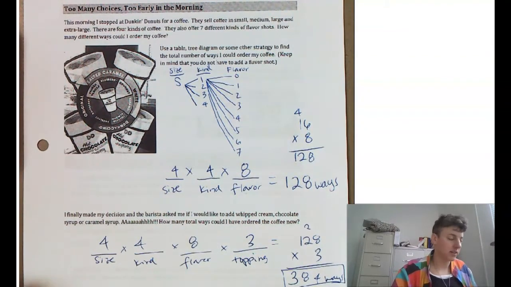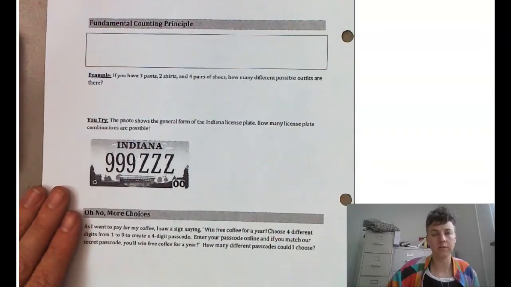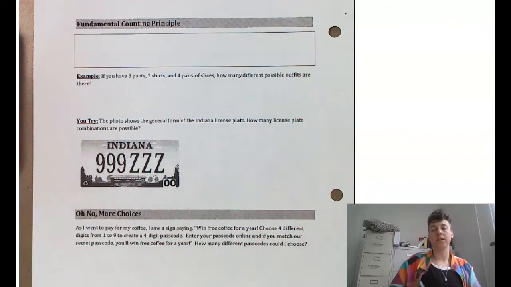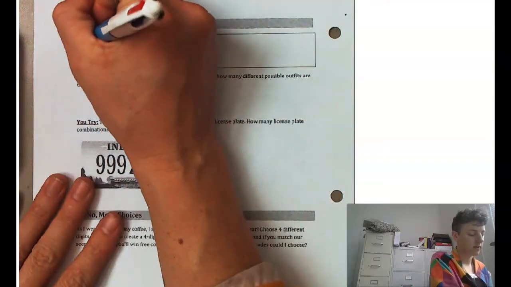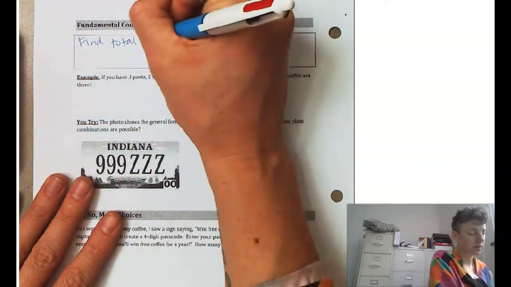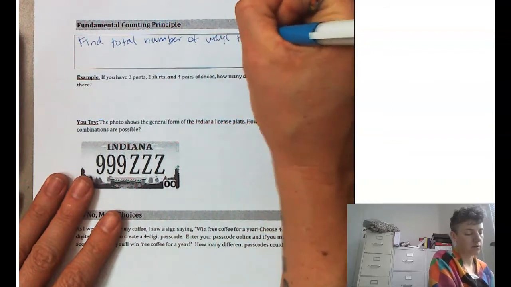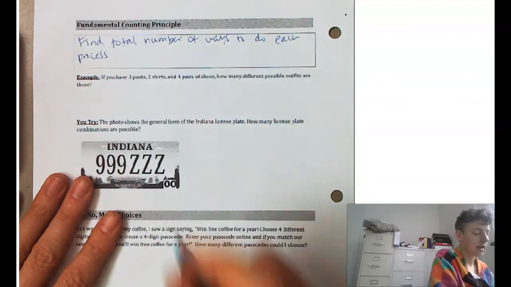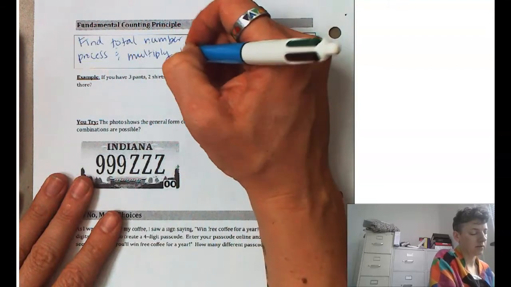So let's summarize what we just did right there in the fundamental counting principle. For the fundamental counting principle, we're going to find the total number of ways to do each process and multiply all of those numbers together.